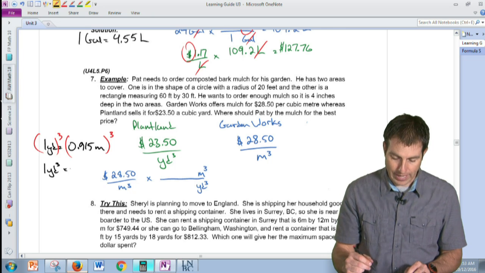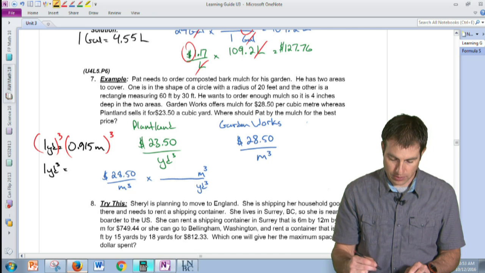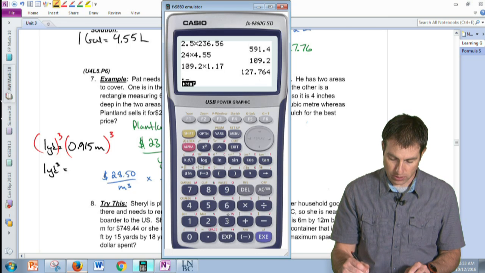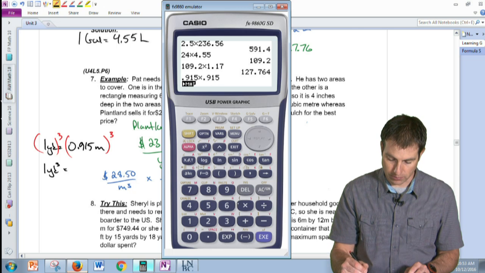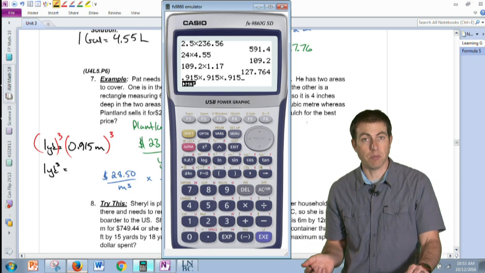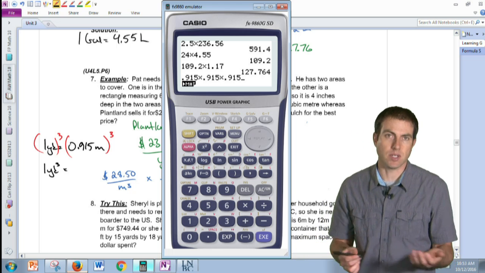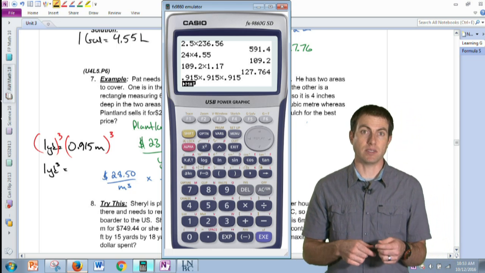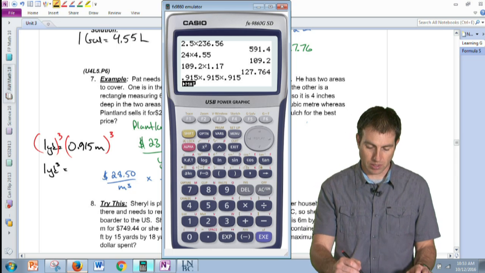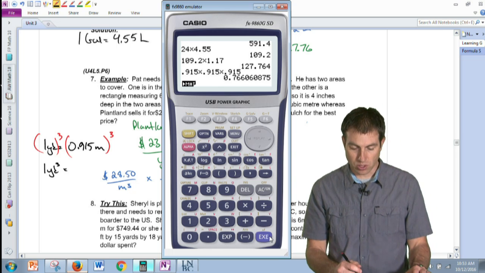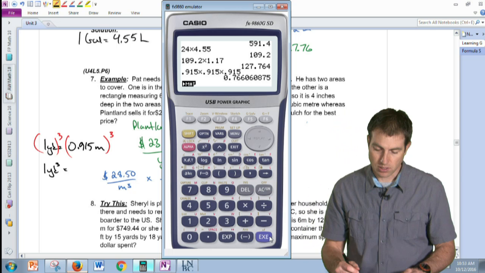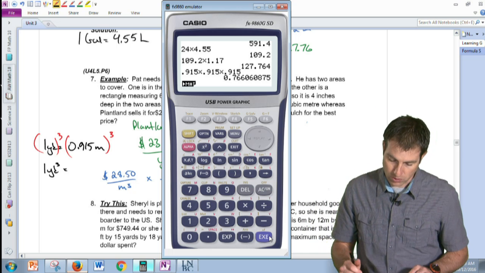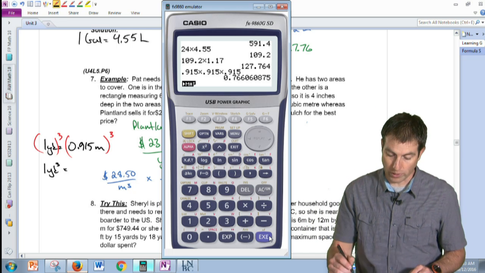But this 0.915 is going to be 0.915 times 0.915 times 0.915, or I could use the cube button on my calculator, but that's just what the math is. I'm multiplying 0.915 by itself 3 times. That's cubing something. Hit equals, and I get 0.7660, we'll just call it 0.7661.